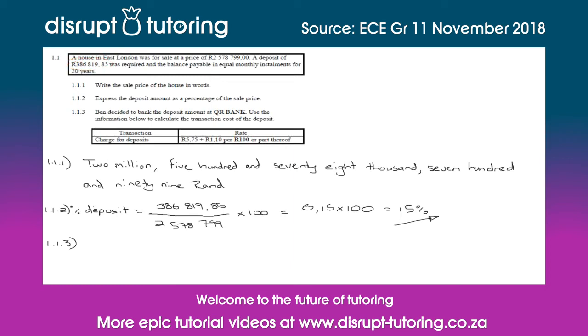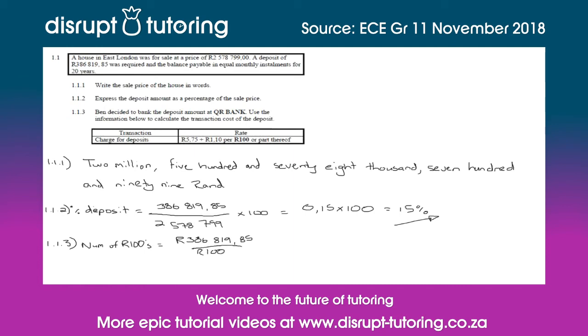So we need to first find out how many 100 Rands are within this deposit. So the number of hundreds is equal to the deposit amount, which is your 386,819 Rand and 85 cents. So we need to divide by 100 because these are in hundreds of rands.